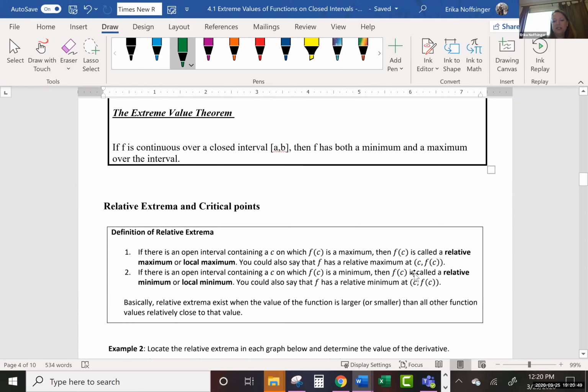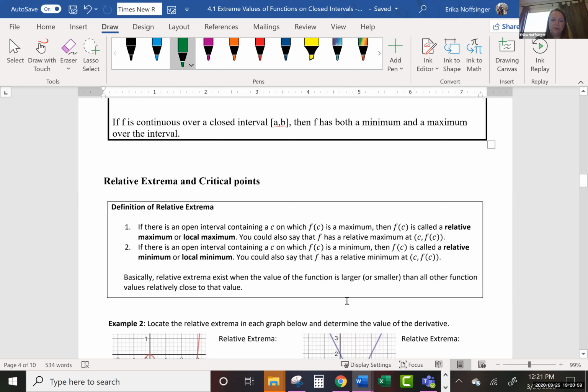Okay, and basically we were doing this yesterday. So this is just reviewing what we were doing yesterday and putting things together in words and theorems that you might see. And so, relative extrema and critical points.